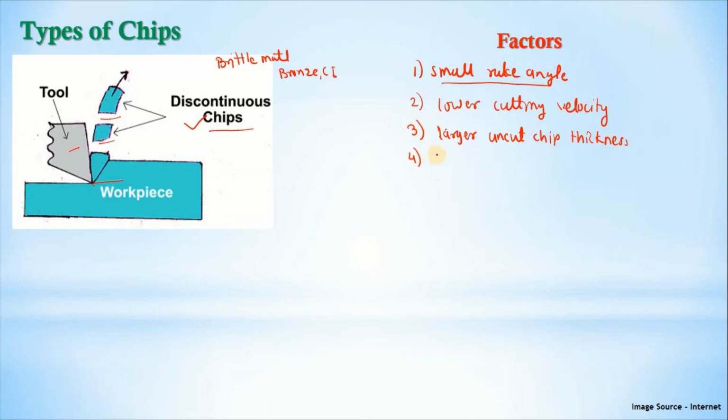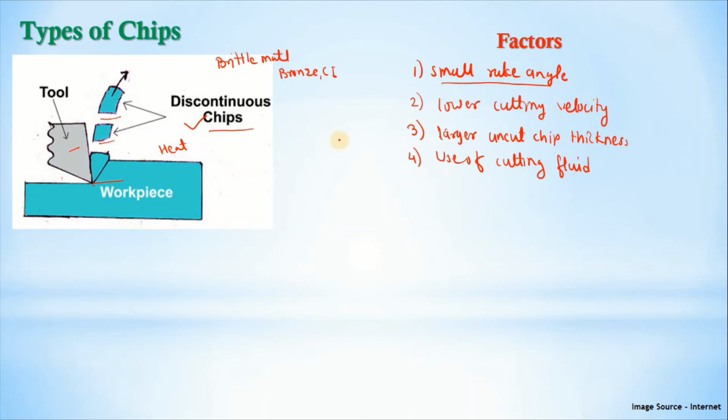And the fourth is the use of cutting fluid. Whenever we are machining brittle materials and we use cutting fluid in the machining operation, as we know, during machining the heat is generated due to friction between tool and workpiece.